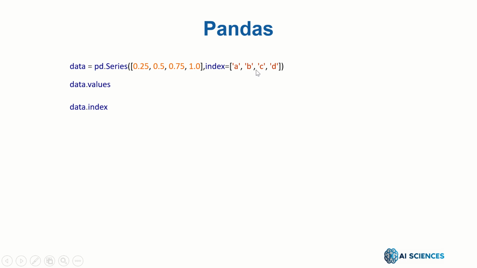But now you can give explicit indices, you can give meaning to indices, and you can later access those values using these indices. If you're familiar with a dictionary in Python, it is much like a dictionary, where the indices act as keys and they act as values. But overall, the difference between a NumPy array and a Series is that you can define explicit indices.